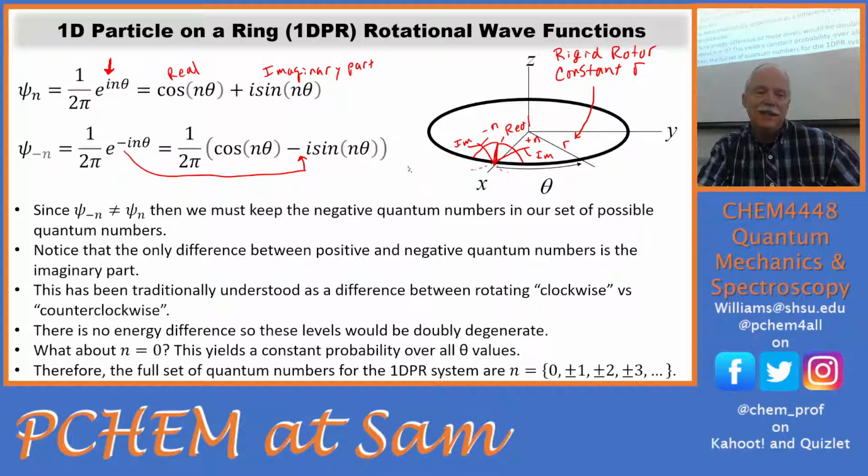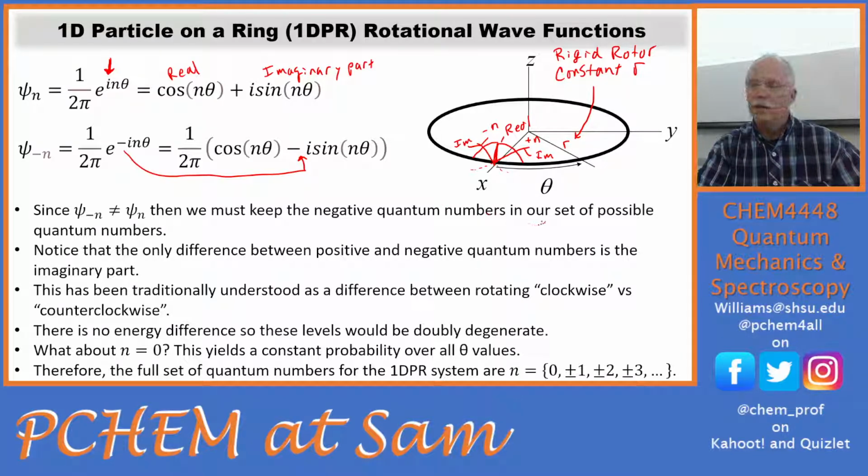But we can say that they're not equal, right? The imaginary parts are different. And so there is a difference between a positive and negative rotational quantum number. Okay? It's not going to be a difference in energy, but it is going to be a difference in the wave function. Okay? So that means we have to keep the negative wave functions.